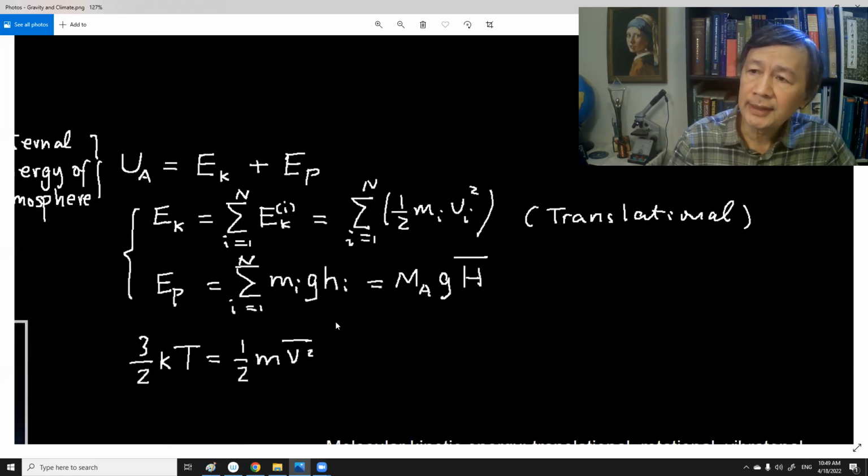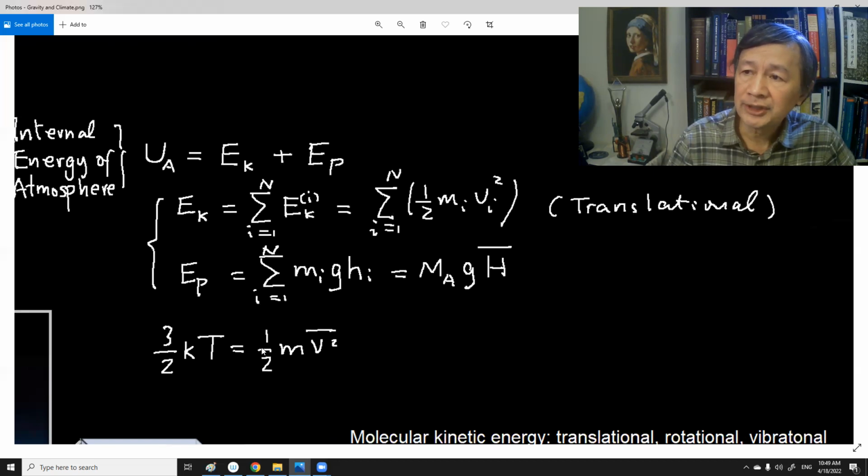So in this talk, I will simply use these two types of energy in the atmosphere to explain the diurnal variation in the air temperature near the surface of the Earth.